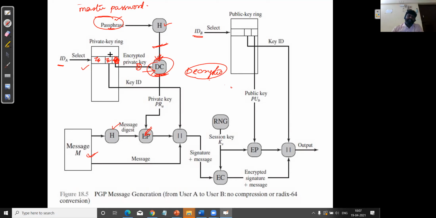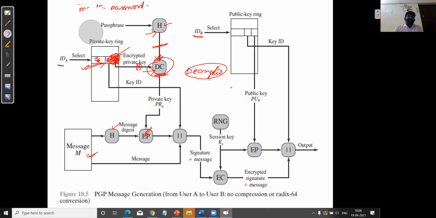Here in the password directory, rather than using the word private key ring, I can say this is the directory where the password is stored. The password is stored in the form of an encrypted version. In order to do the encryption, the key used is whatever key they have derived using the hash function with the help of the master password.